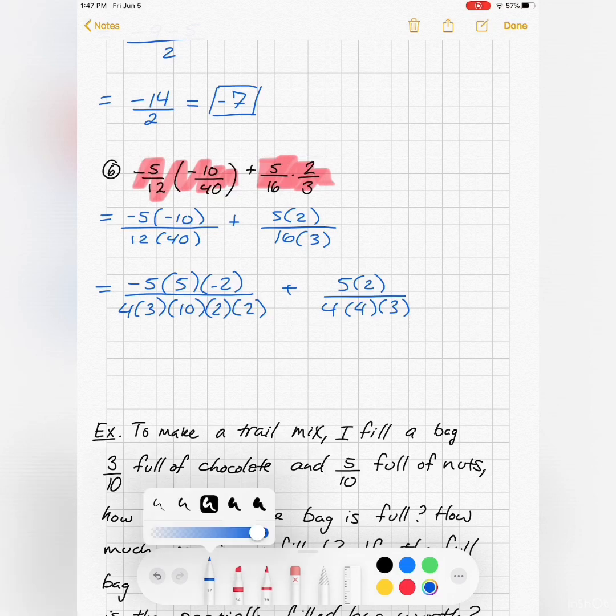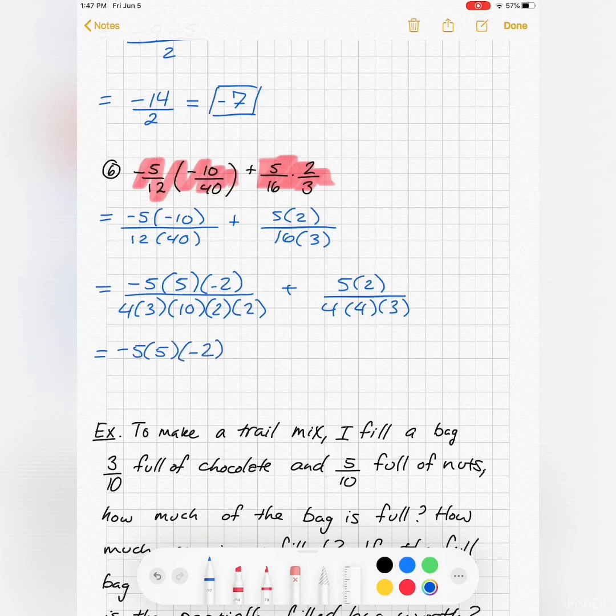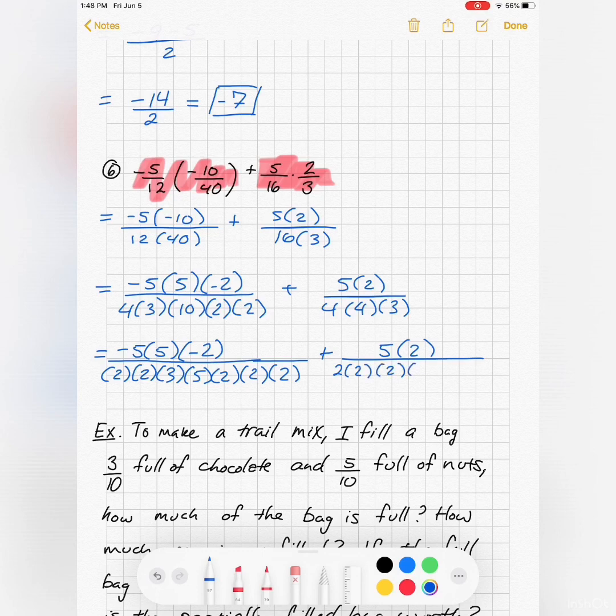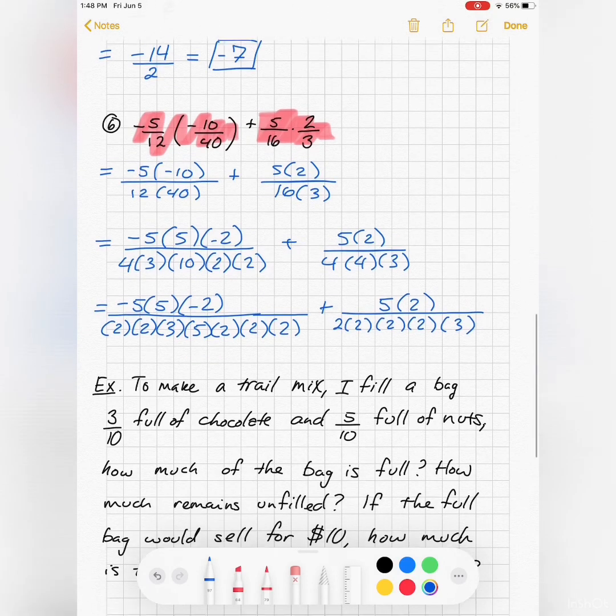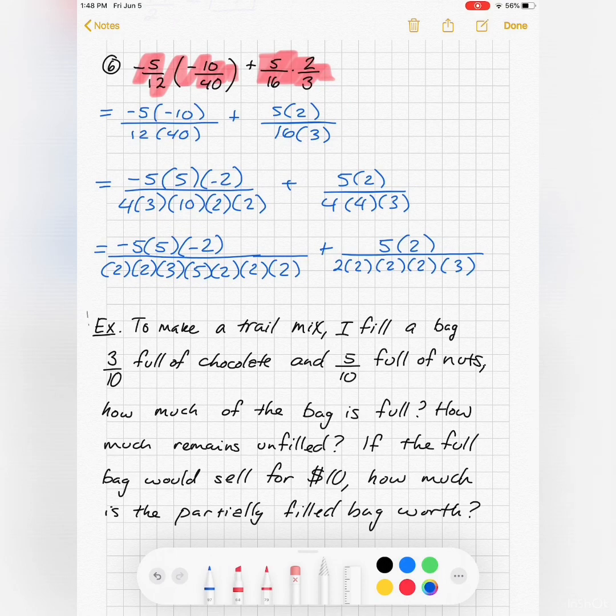I should keep breaking this up, shouldn't I? 5, 5, 2, those are prime. But 4 is still 2 times 2. 10 is 5 times 2. Let's make sure I copied that all down right. Looks like it. And then break up those 4s. It's a longer one, huh?